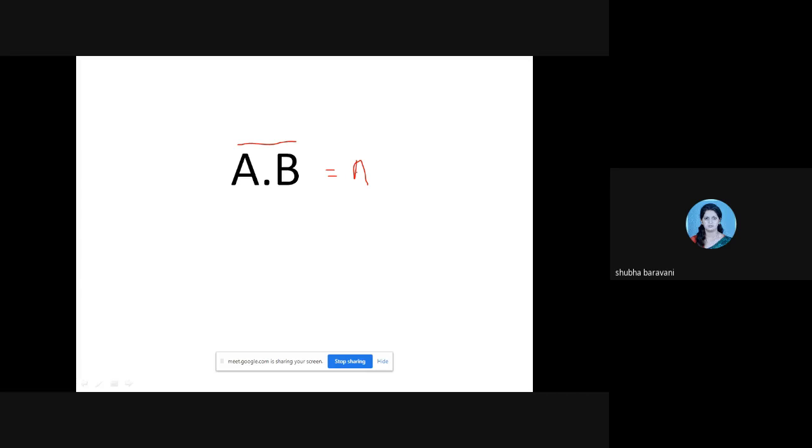It would be A bar plus B bar, ना, De Morgan's theorem. Do you remember?